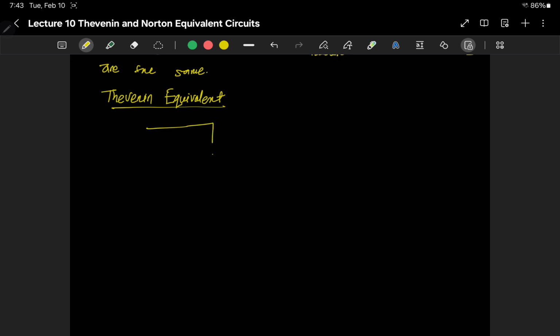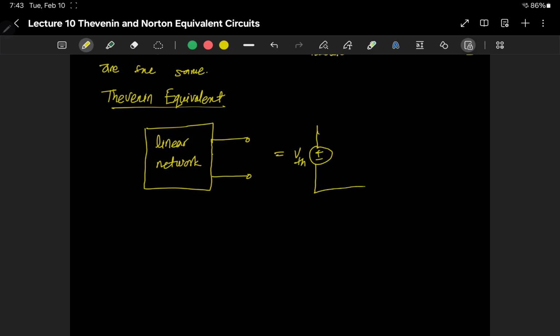So this linear circuit, which has one port, can be written as a Thevenin equivalent, having a voltage source VTH and a series resistor with the resistance value of RTH, or Thevenin resistance.